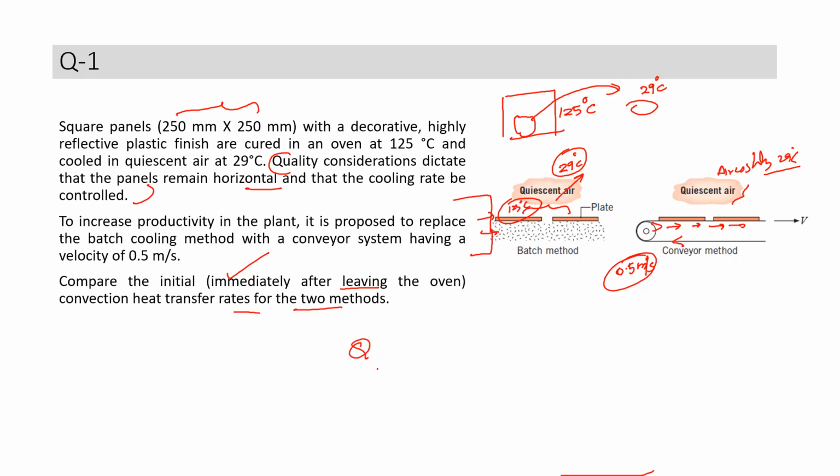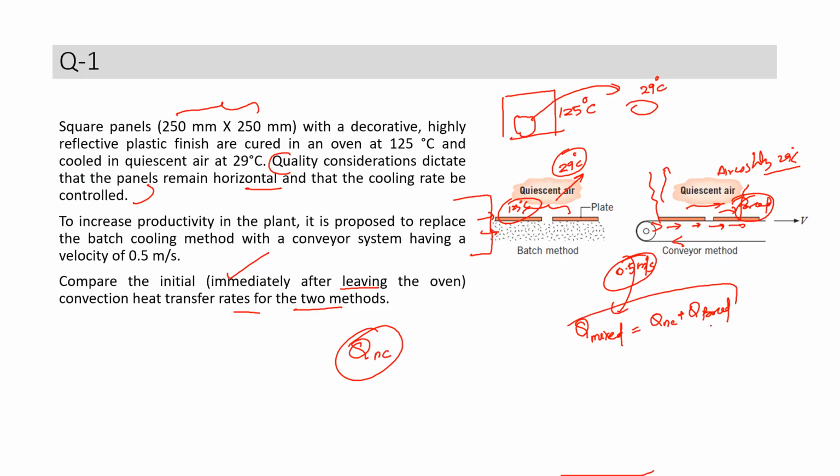In the initial or batch method, there is only natural convection, QNC. In the conveyor method, there is mixed convection, which involves natural as well as forced convection, so it is QNC plus Q forced. We need to compare how much. Obviously we know that Q mix should be larger, but how much? That is the question.